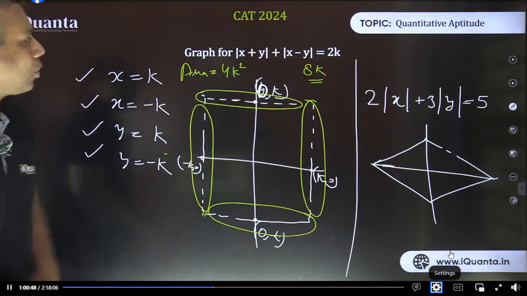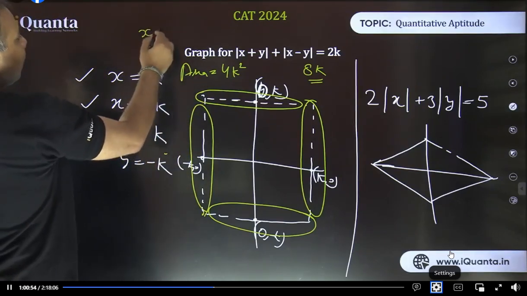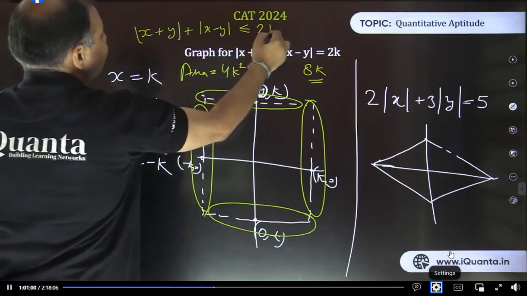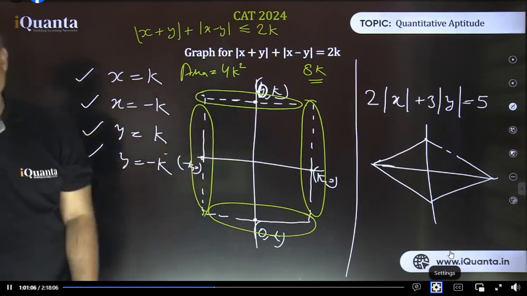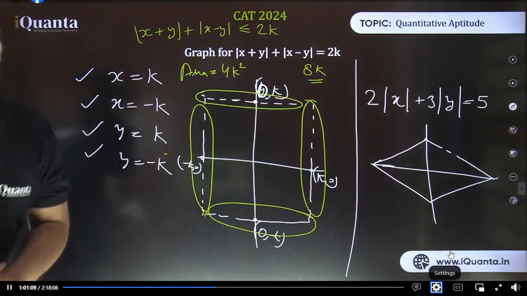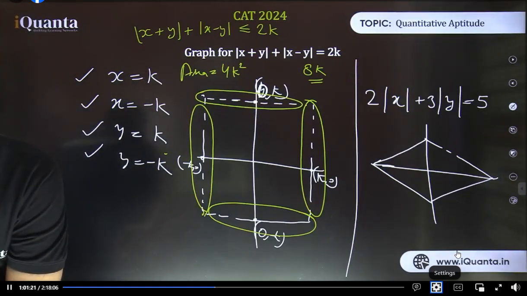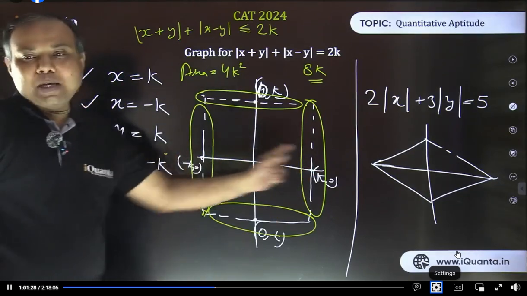Good. Okay, if we do the same thing here, number of integral solutions for mod of x plus y plus mod of x minus y less than or equal to 2k. Now number of integral solutions, please tell me. Now we need to consider internal points also, inside points also. Subrajit, from minus k to k, total how many points are there?